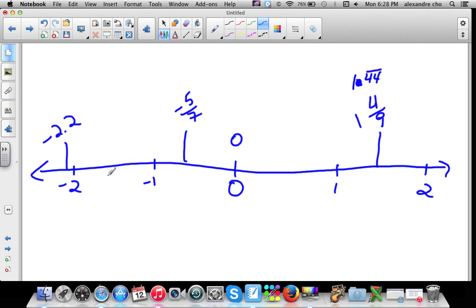Negative 2 4/5. If you change that to a decimal, that becomes negative 2.8. So right here, negative 2 4/5. Okay. And 1.25. $1.25 is $1.25, so right here.